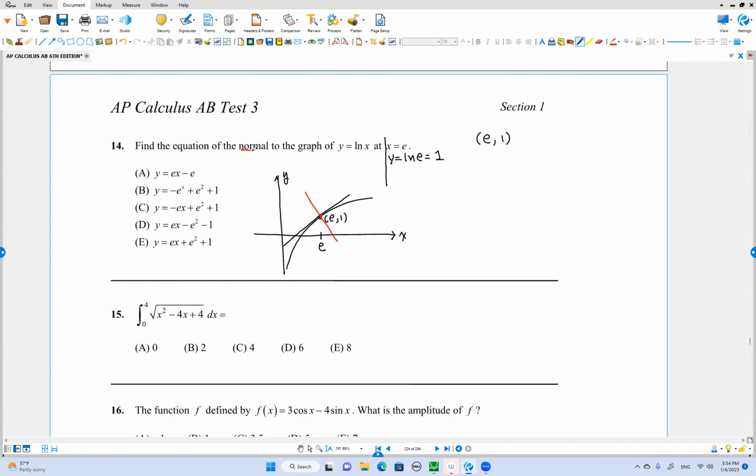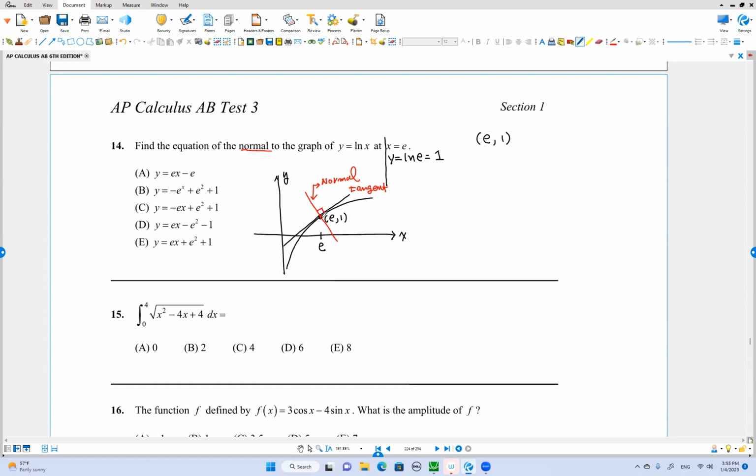This is normal. Okay, this is tangent. This is normal. Because tangent and normal are perpendicular.